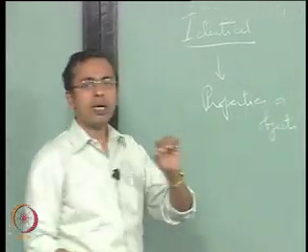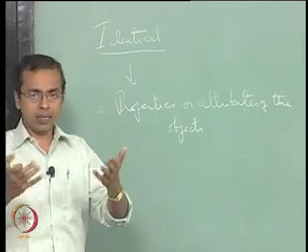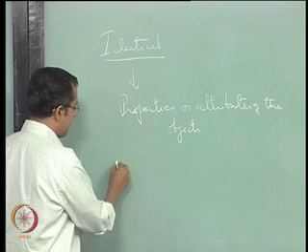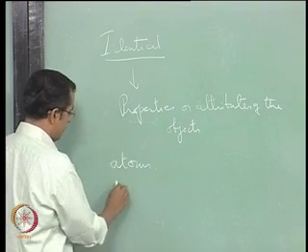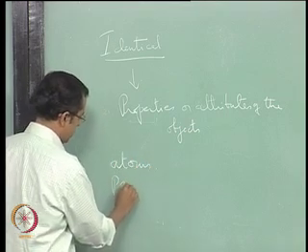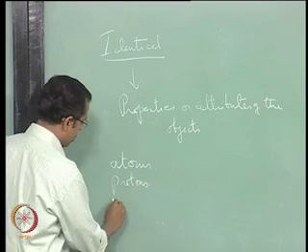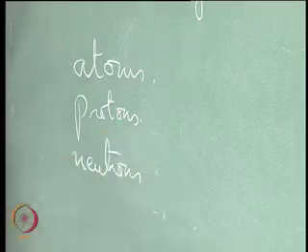Now if you look at the atomic and subatomic particles, so to speak, what do we have? We have atoms, protons, neutrons, and electrons.